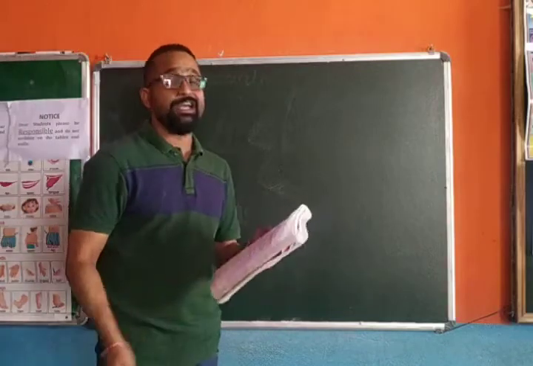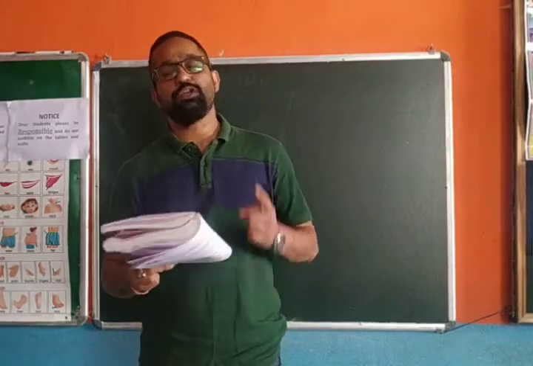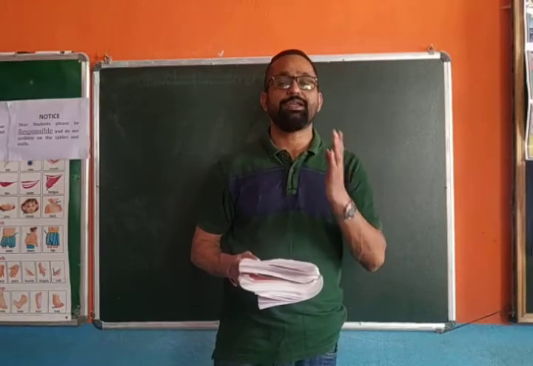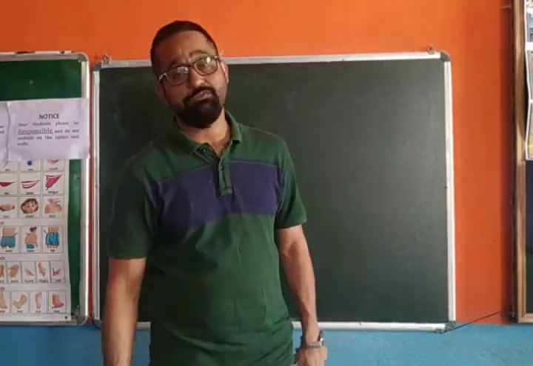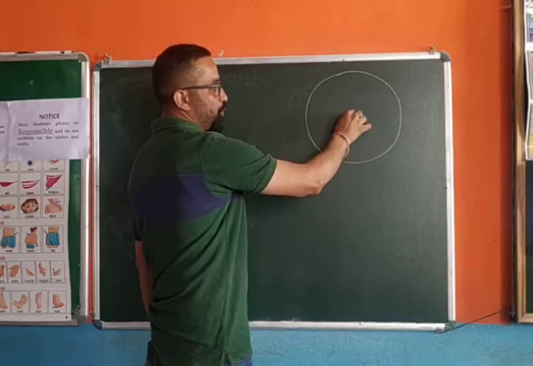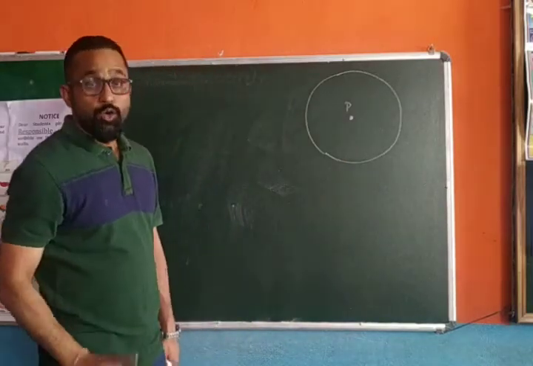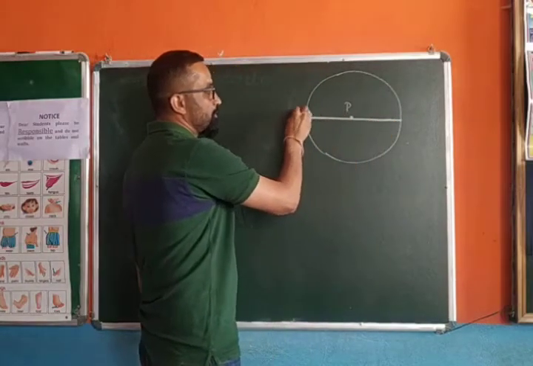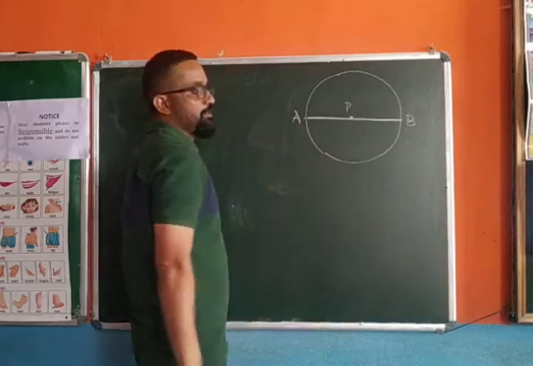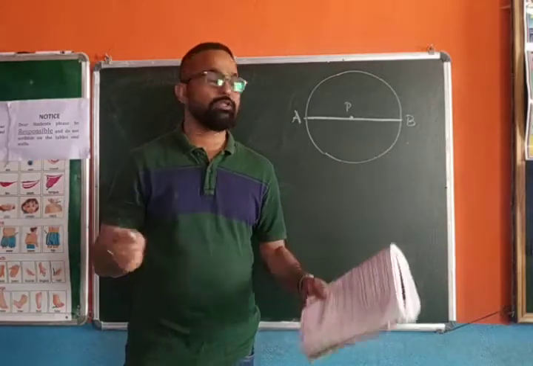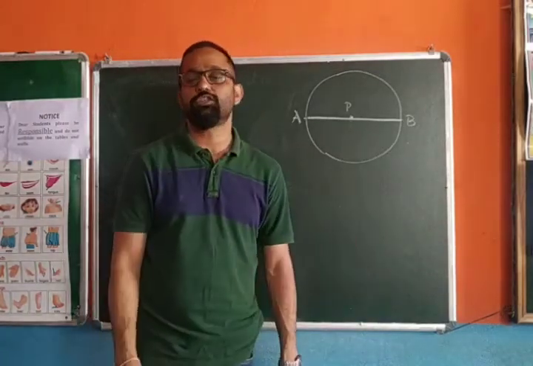Now you have diameter of a circle. A chord of a circle which passes through its center is called the diameter of the circle. A chord passing through the center of the circle is called diameter, and diameter is the longest chord that can be drawn inside the circle.